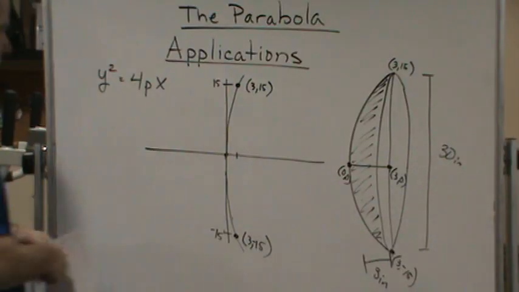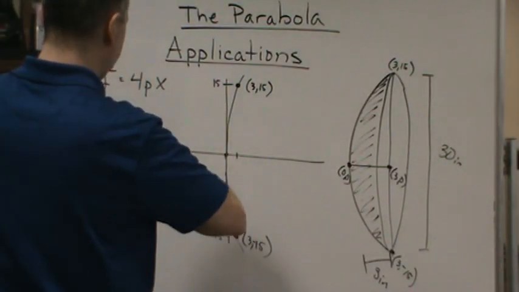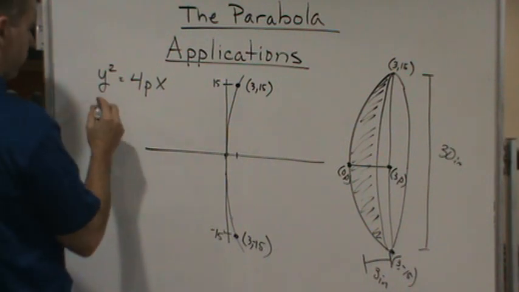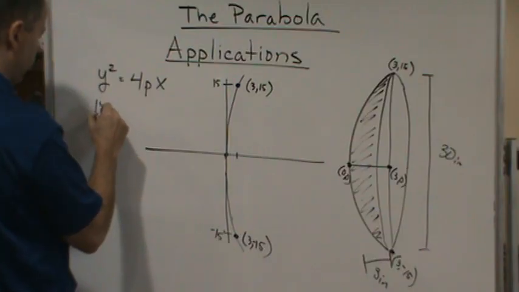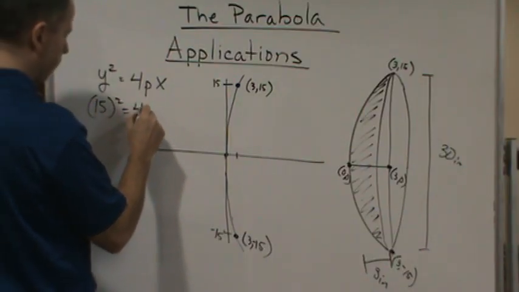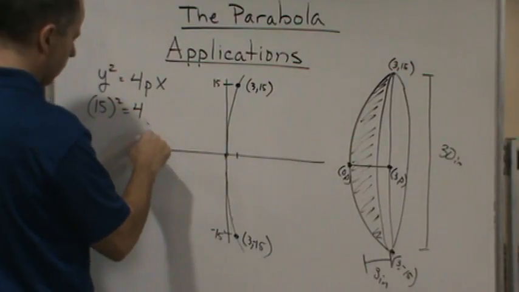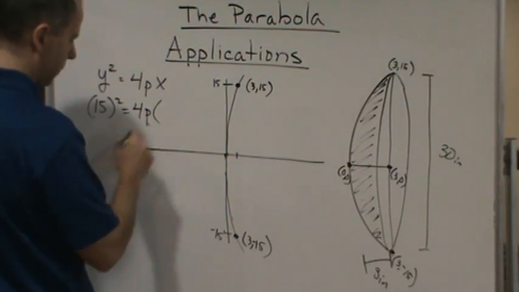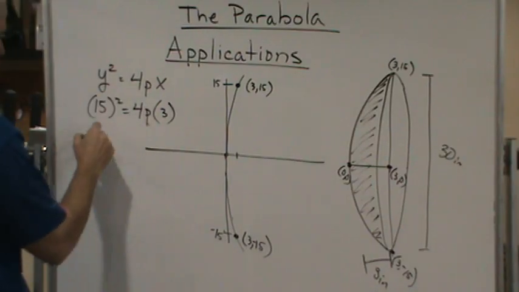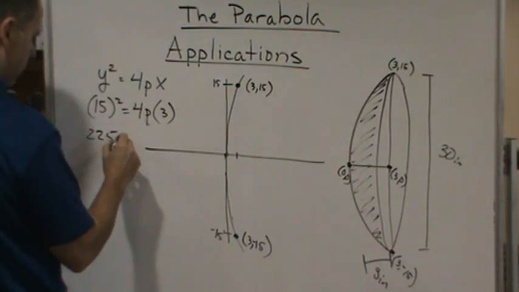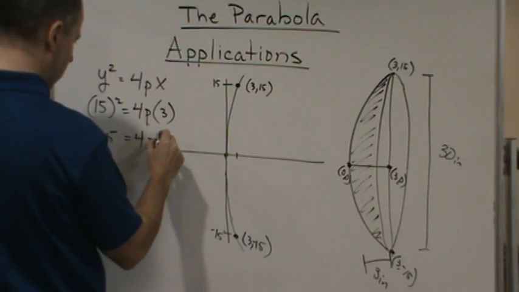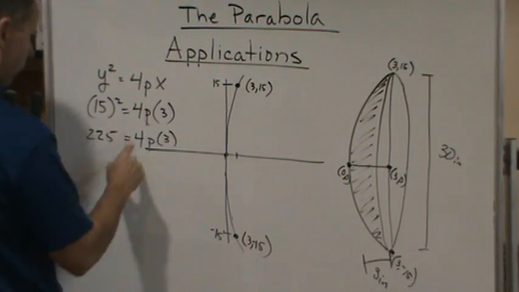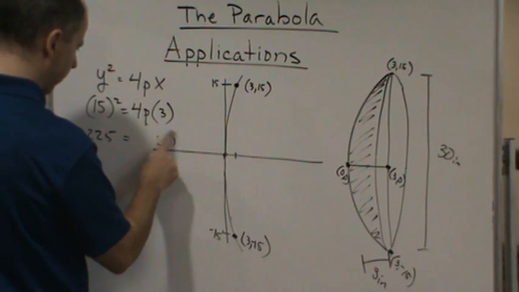And obviously, it'd just be easier to use the positive one, right? So if we choose 15 here, we'll do 15 squared equals 4p times 3. And so 15 squared is 225, equals 4p times 3. So this is going to just be 12p.